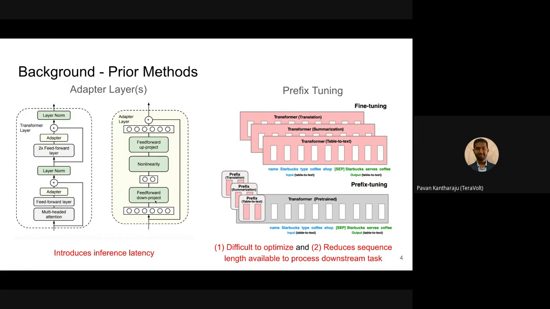So in this case, for example, if you have summarization, you can have special tokens for summarizing, and then you can have an article that you want to summarize, and then your model will then summarize it.